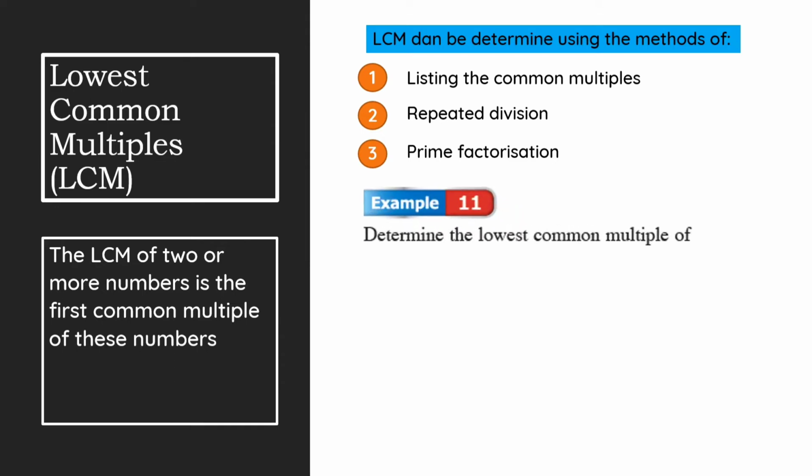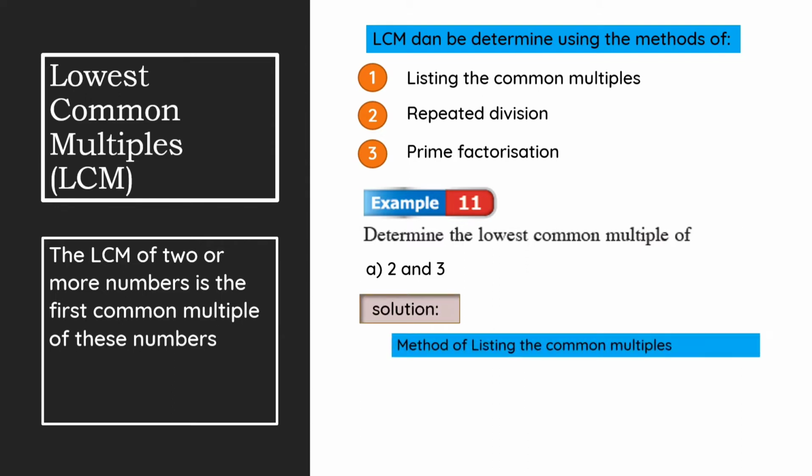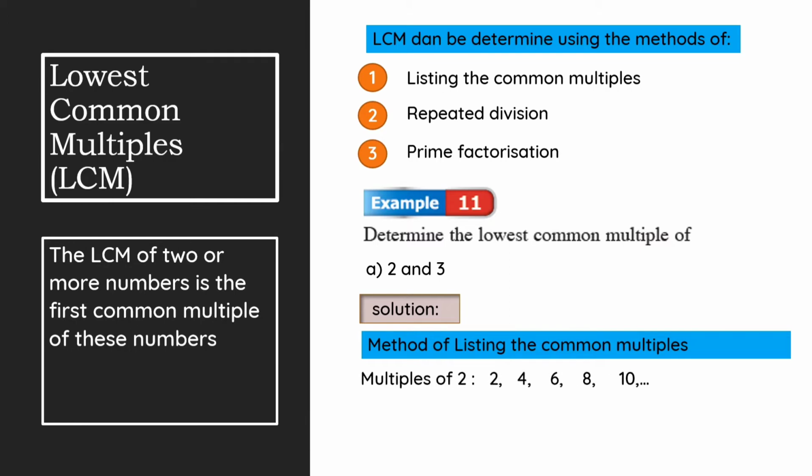Example 11. Determine the lowest common multiple of A, 2 and 3. Solution. Method of listing common multiples. So we are going to solve this question using the method of listing the common multiples, which is the first method.